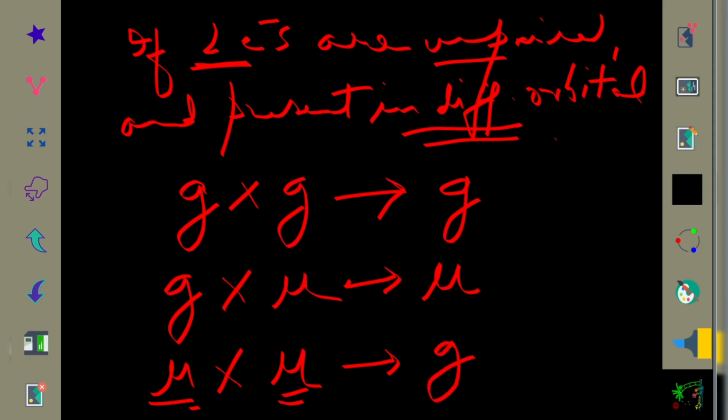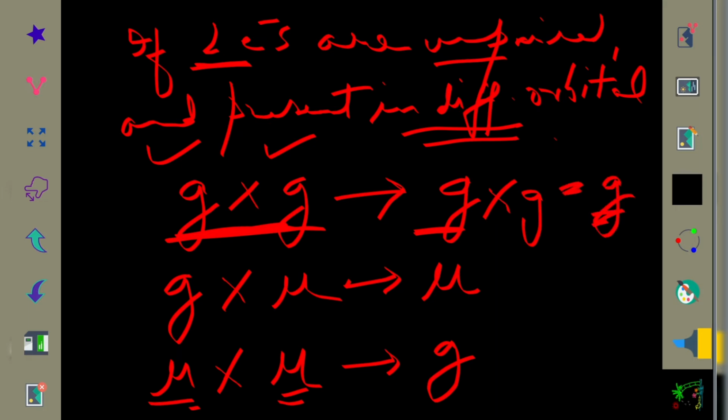So this is for 2 electrons. Now if it is for 3 electrons, like in this case 2 electrons are in gerade, then the overall resultant will be gerade, and the third one is also gerade, then it will be gerade. And if it is like gerade and ungerade, you will multiply this by ungerade, then the resultant will be ungerade.